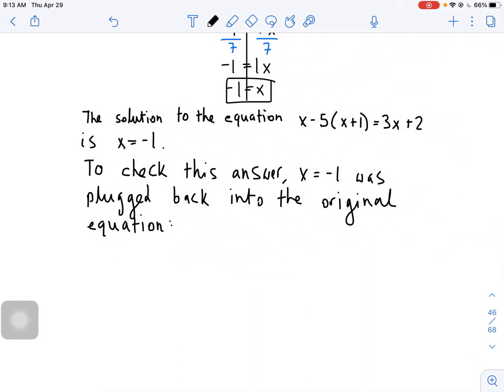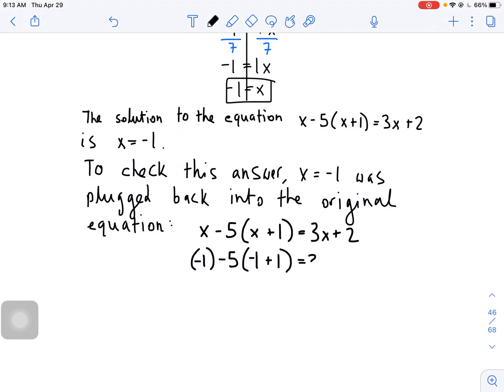We have our original equation. We're going to plug in negative 1 instead of x. So everywhere we had an x, we plugged in negative 1 instead.